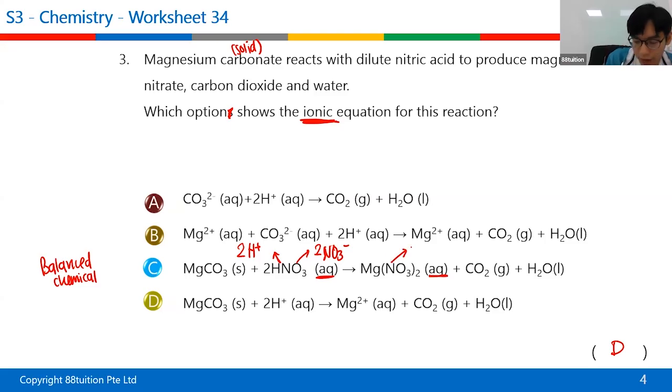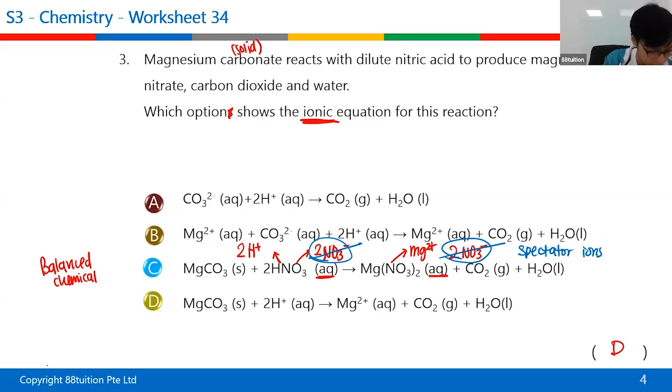Same thing for my magnesium nitrate: I split it into Mg2 plus and two nitrate ions. Then I just need to check which ones are similar before and after the reaction, with no chemical change. You will notice the nitrate ions are the same, so we can remove them because these are known as spectator ions.